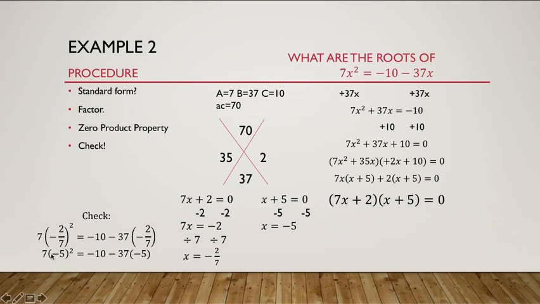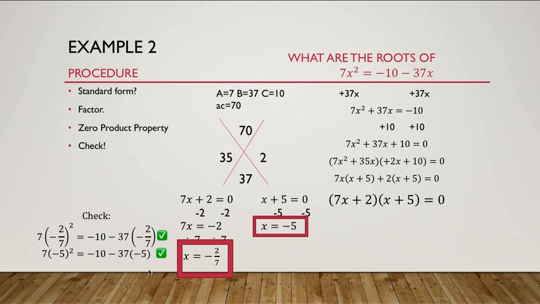I would then do the same thing with my 7 times negative 5 squared, making sure that is the same thing as negative 10 minus 37 times negative 5. Those both work out, which tells me that both of these answers are correct answers.